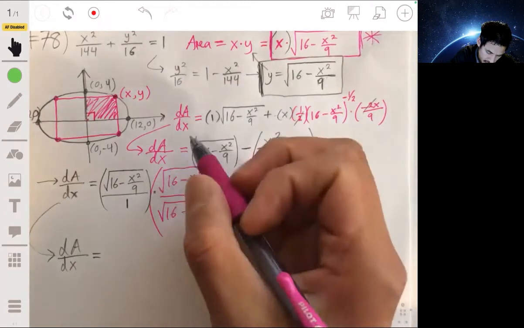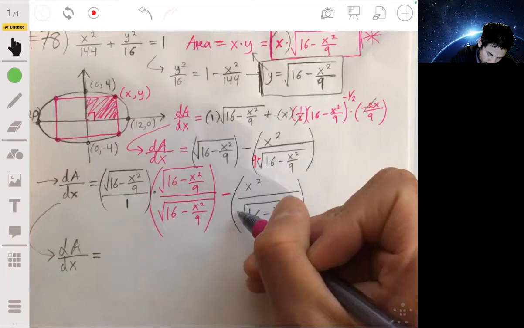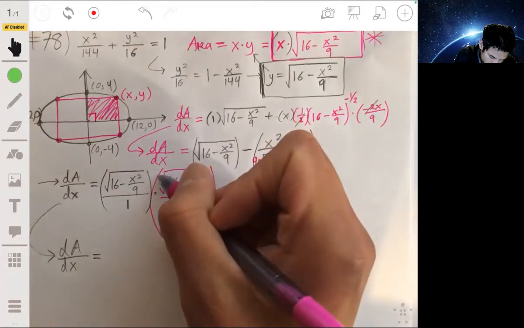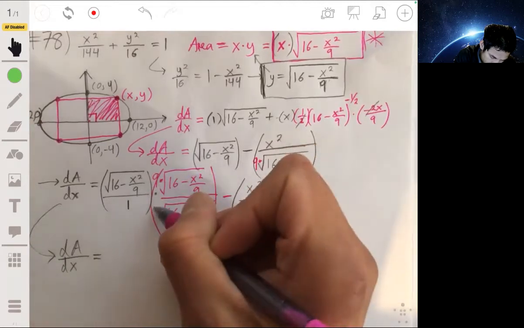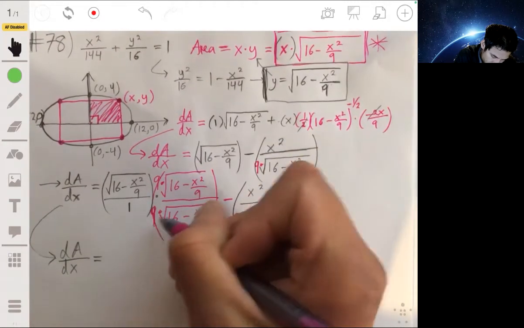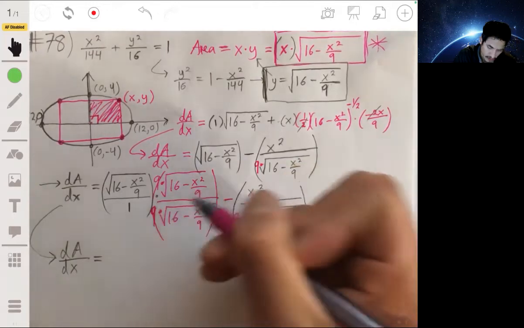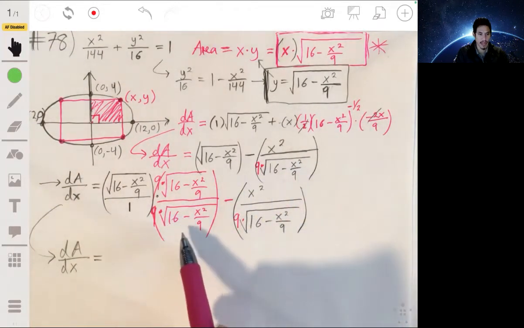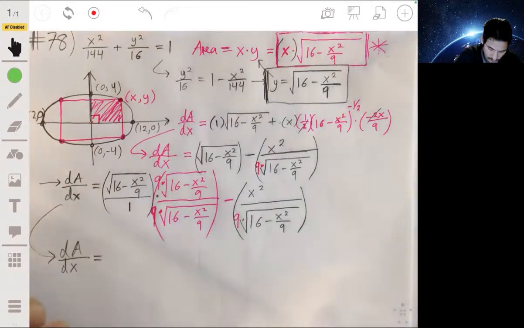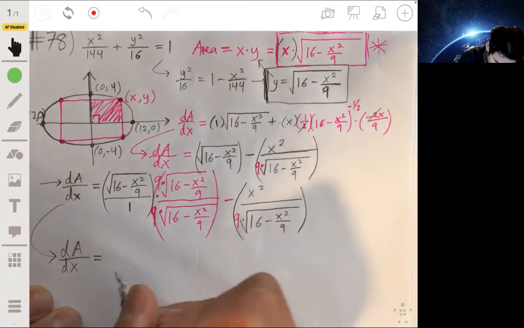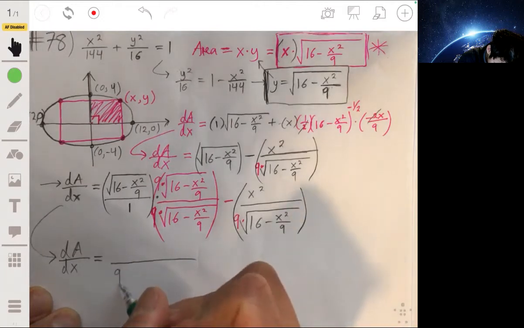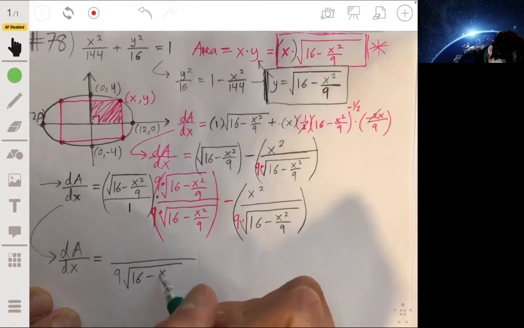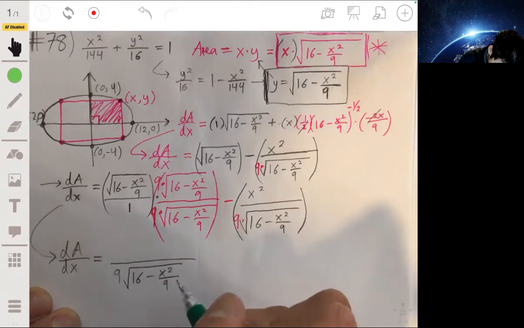So what I'm actually doing is multiplying this, here we have a 9 times that, multiplied by 9 times that over 9 times that. So it just means adding that 9. So they're all going to have a denominator of 9 times this thing. So let me just put it all over that. Denominator of 9 times the square root of 16 minus x squared over 9, like that.